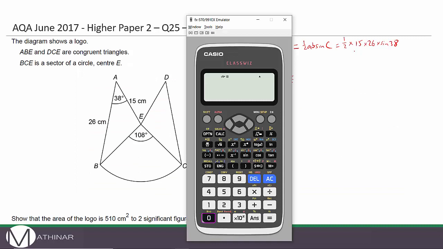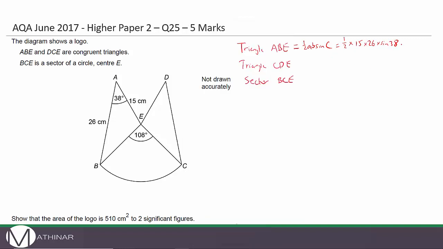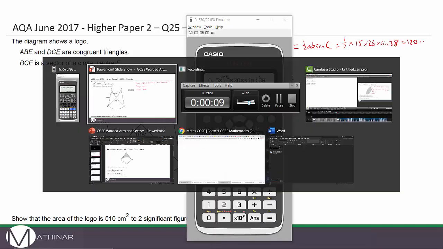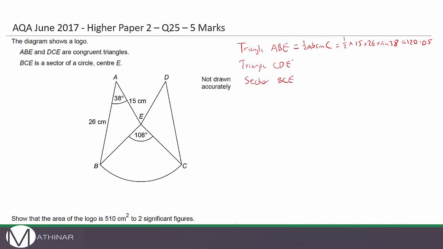So that's 0.5 times 15 times 26 times sin 38. That's 120.05. Now, triangle CDE is congruent, so it's going to have the exact same area. So I'm just going to copy the answer down.